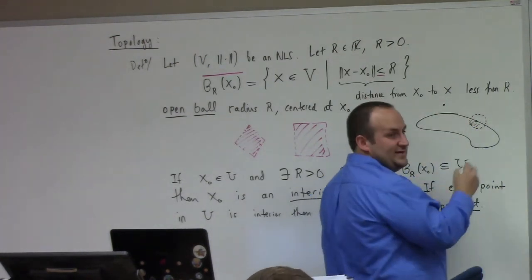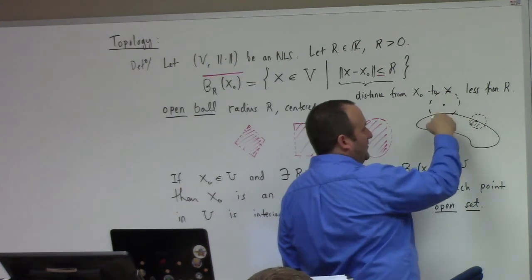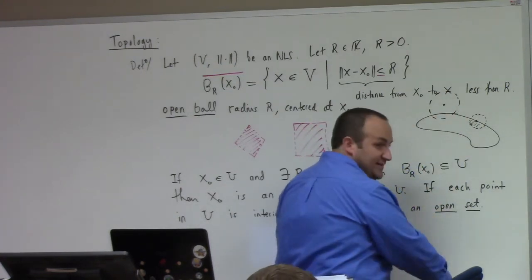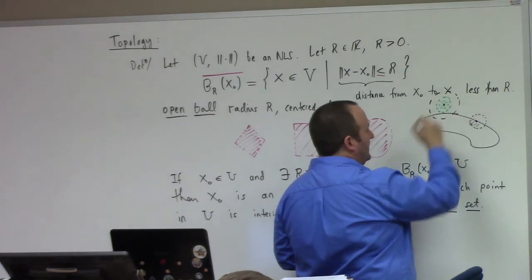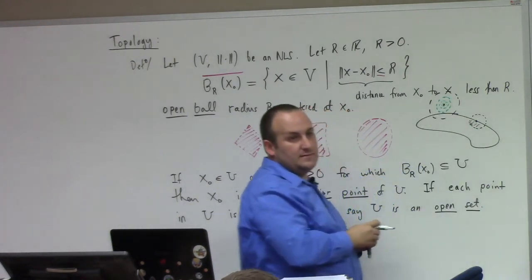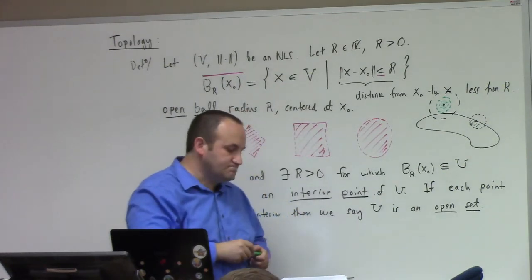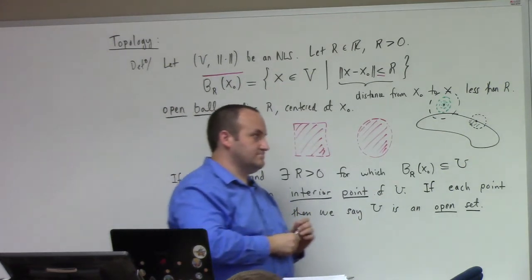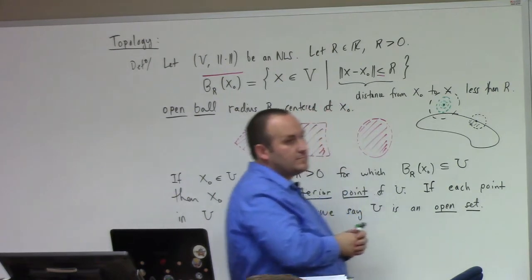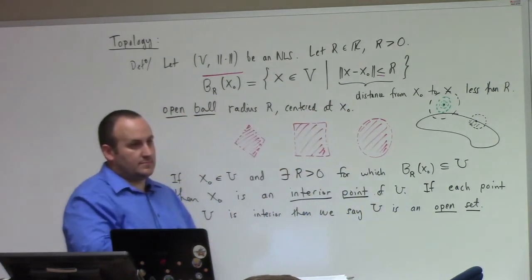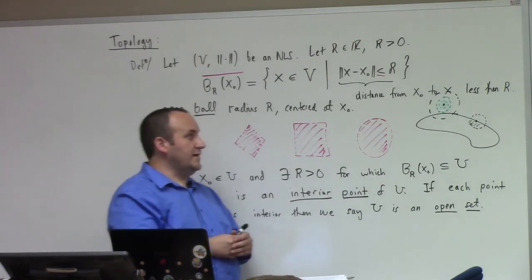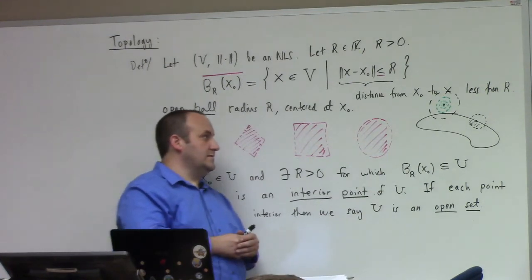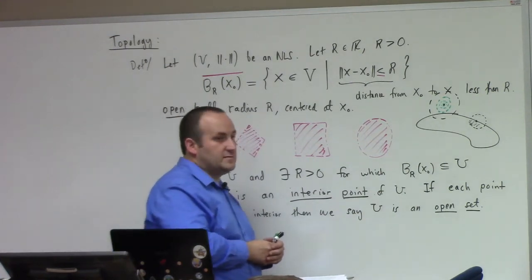When I take any of these balls, I just get that one point there. All right, isolated point. So if we're looking at the reals, and U is the set of rational numbers, then none of them would be isolated points, even though we're not including all of them. That is true. Every rational point is not an isolated point in the reals. The rationals are what are called dense in the reals.